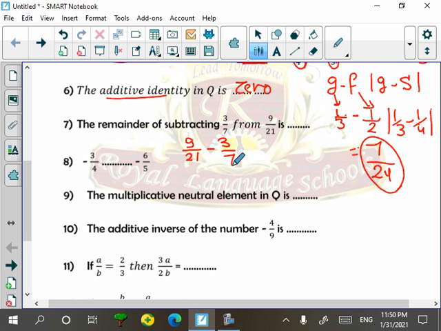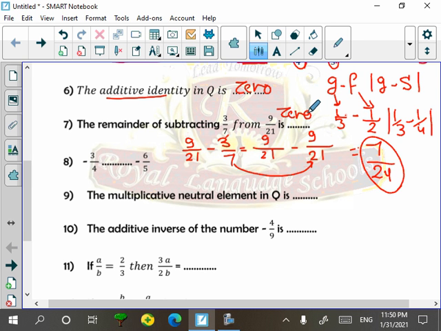Using the common denominator, 21 is 7 times 3, and 3 times 3 equals 9, so 9 over 21 minus 9 over 21 equals 0. So the answer of 9 over 21 minus 3 over 7 is 0.